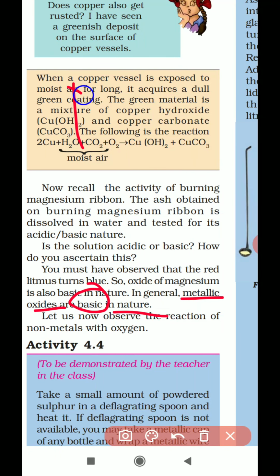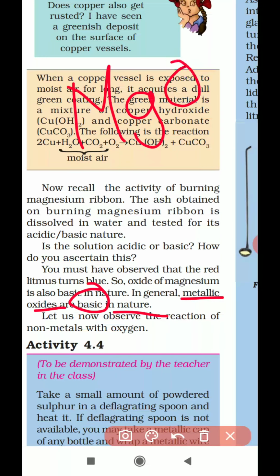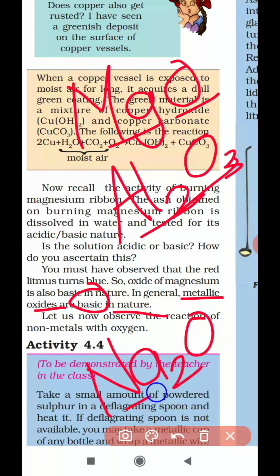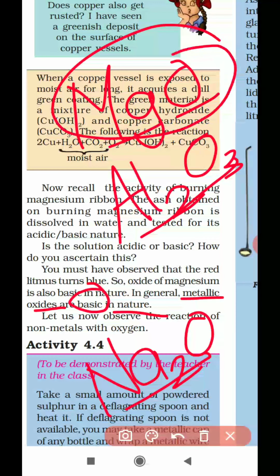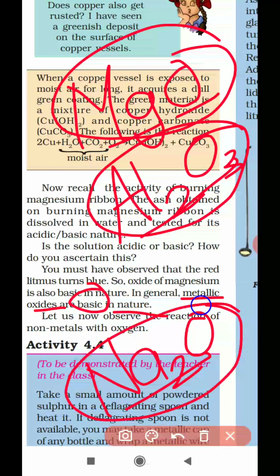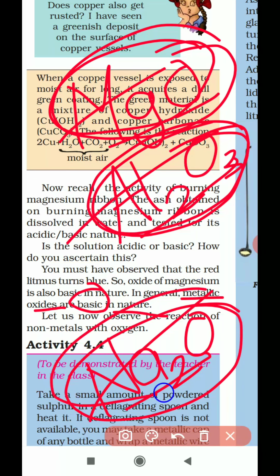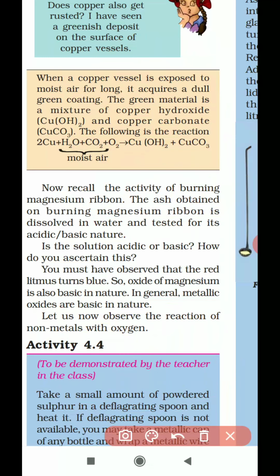Magnesium oxide is also a metallic oxide. Aluminium oxide is also a metallic oxide. Sodium oxide is also a metallic oxide. So generally when I dip a litmus paper in these metallic oxides, the red litmus paper will turn blue, which indicates that all these metallic oxides are basic in nature.